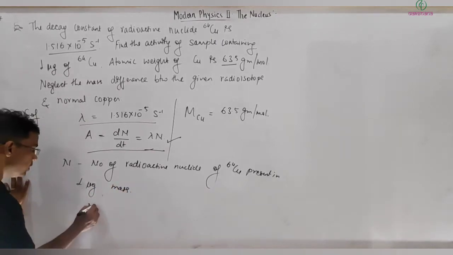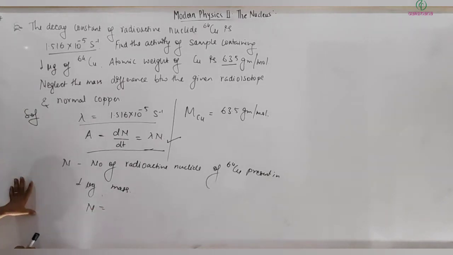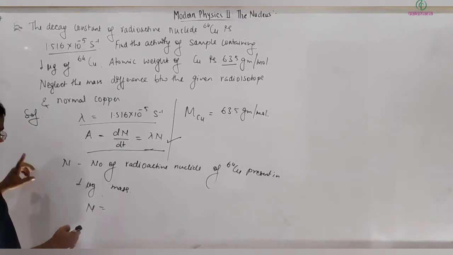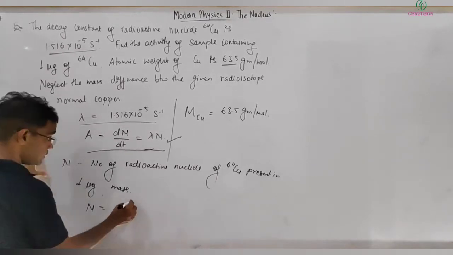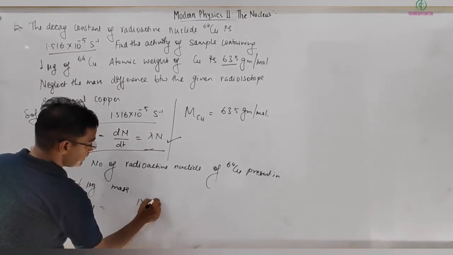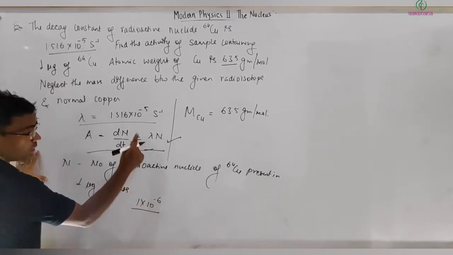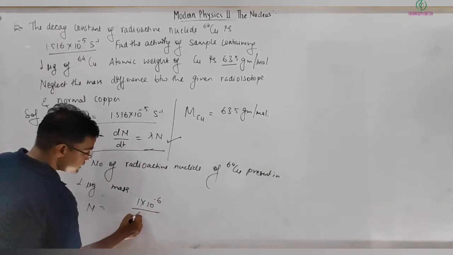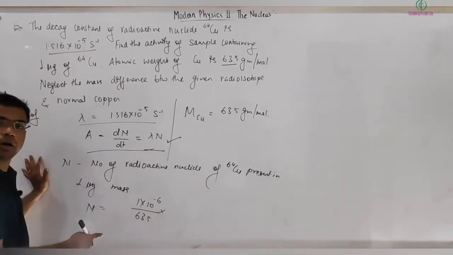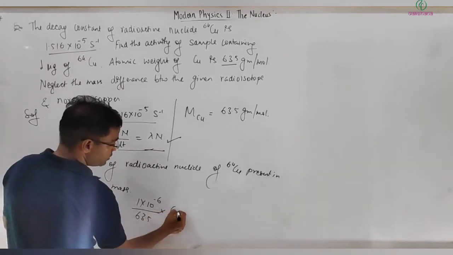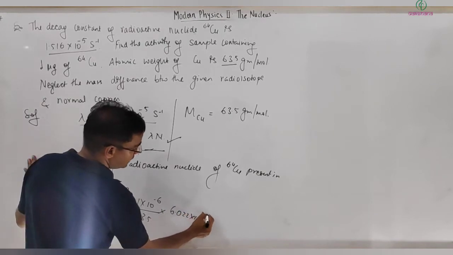So N is equal to what? We already have the mass, so it's 1 into 10 to the power minus 6 divided by the molar mass, how many moles? It's 63.5 gram, multiplied by Avogadro number 6.022 into 10 to the power 23.